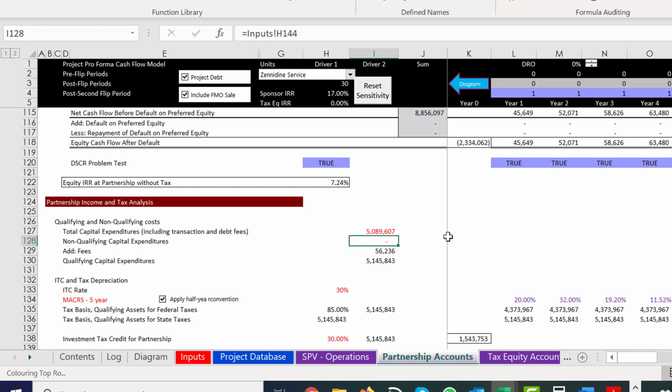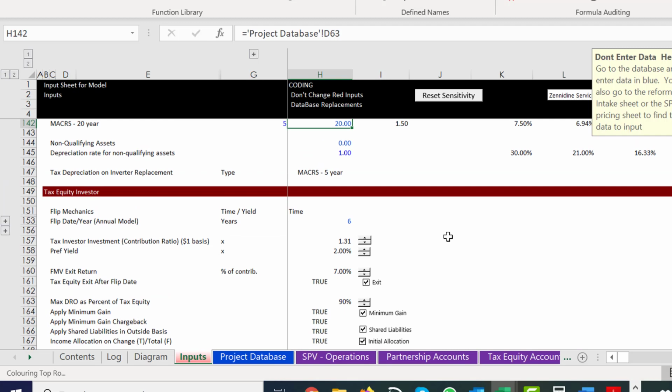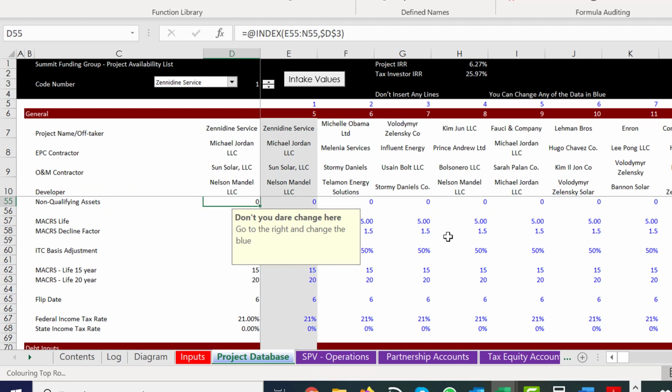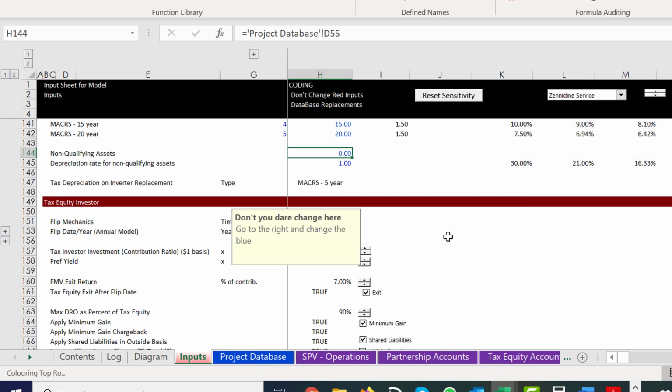Now, there are going to be some expenditures for things like transmission that don't qualify, and you're going to have to put those in. And of course, they come from the project database, Ctrl square bracket again, and then you can press F5 to get back to where you were, and F5 again.